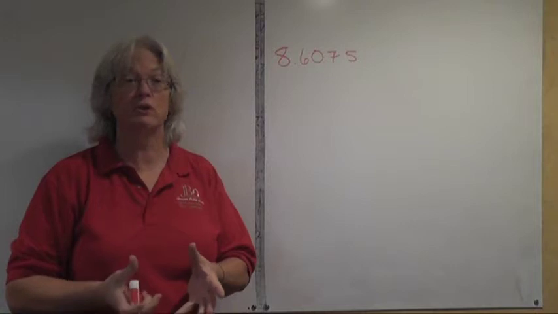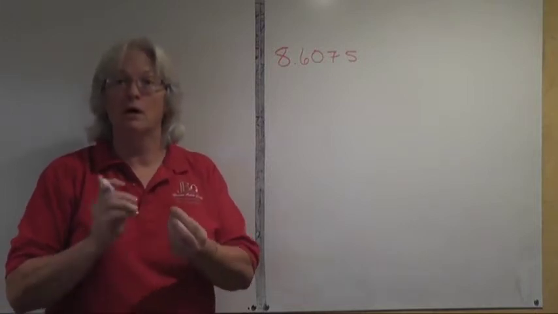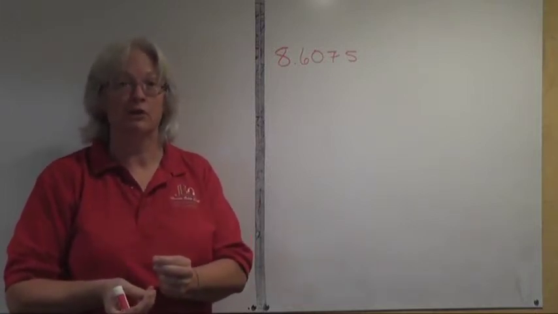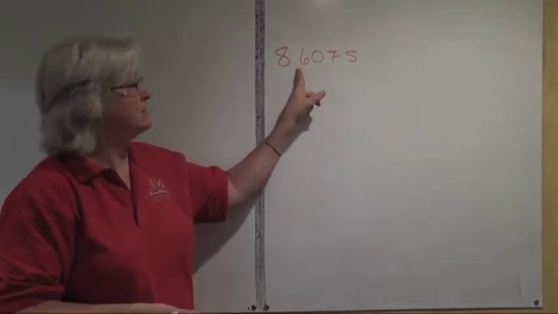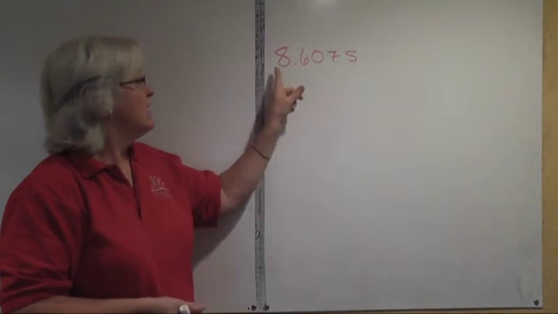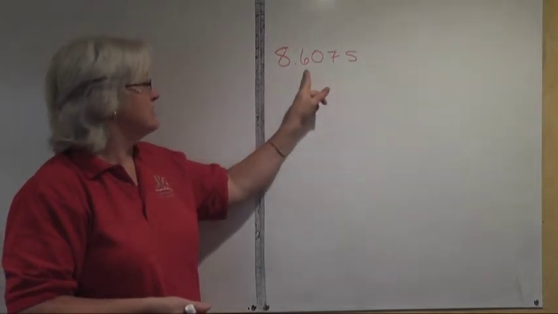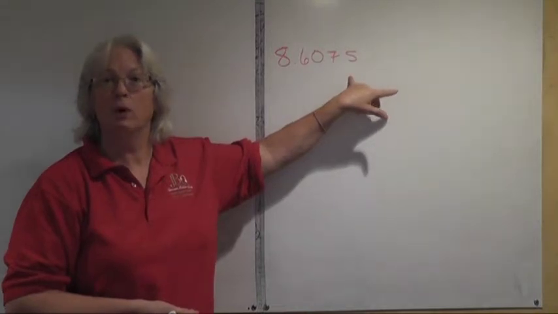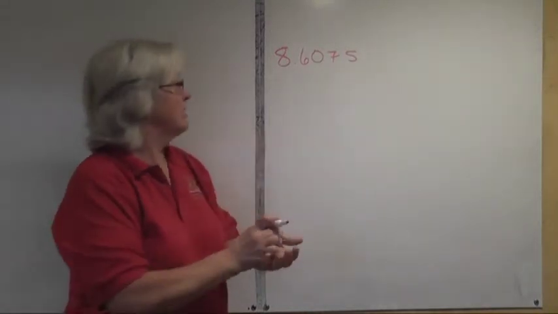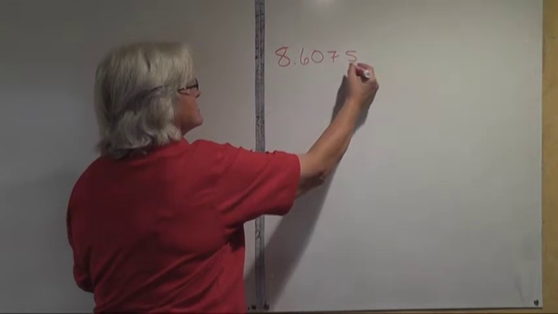They want you to make sure that you understand that the way you exactly, specifically, and correctly name this number, this would be 8, the decimal point is pronounced and, 8 and 6,075 10,000ths. The way that you know how to name the number is you call the last decimal place.